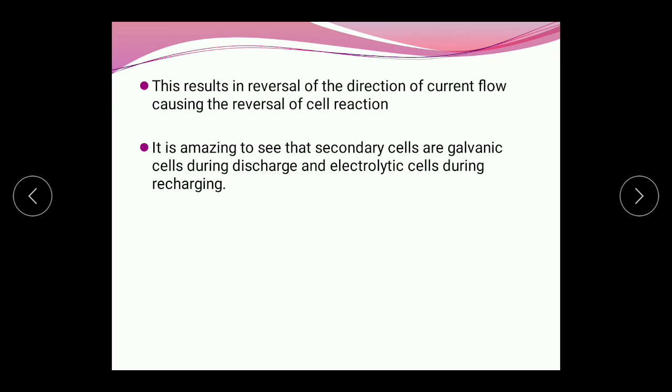In galvanic cells and electrolytic cells, there is one more major difference: in galvanic cells, the anode is negative and the cathode is positive, while electrolytic cells have the anode positive and the cathode negative. But at the anode, there is oxidation. At the cathode, there is reduction. That is the definition of anode and cathode.